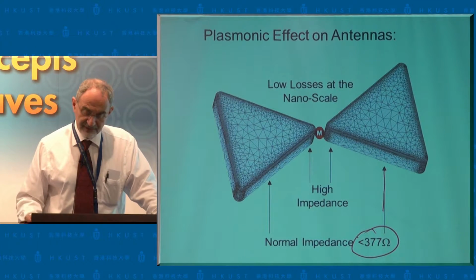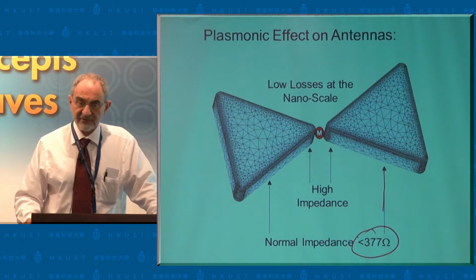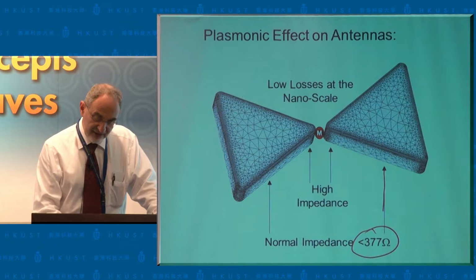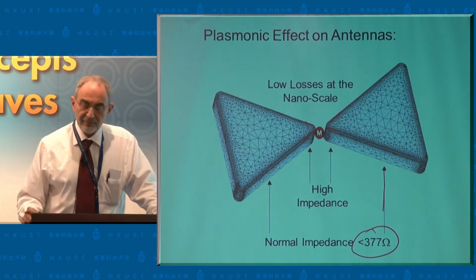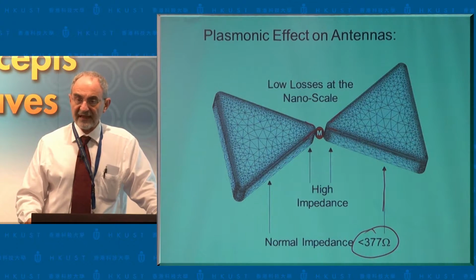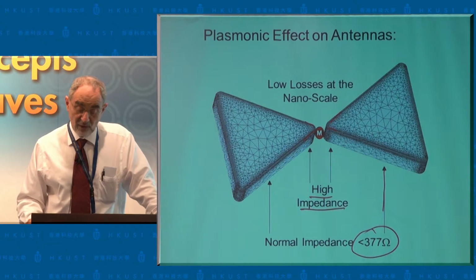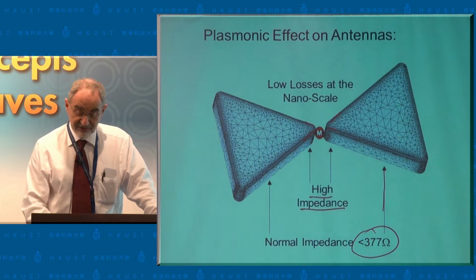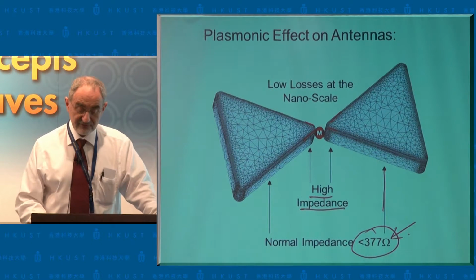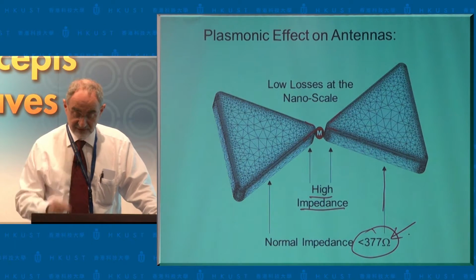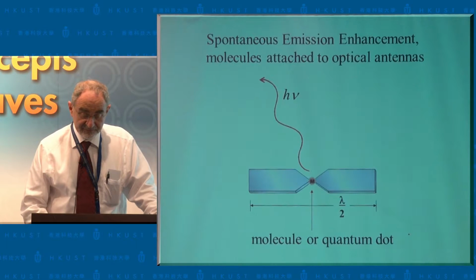They have a normal impedance, certainly less than the impedance of free space. But as the current gets concentrated near the tips, you pick up extra inductance. That's kinetic inductance, and surprisingly it gives you a higher impedance. So plasmonic antennas can actually achieve an impedance greater than the impedance of free space, and that's certainly one of the remarkable effects.